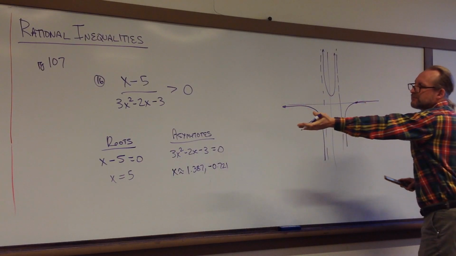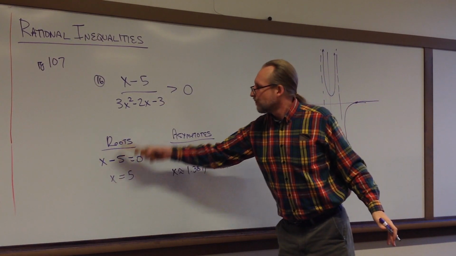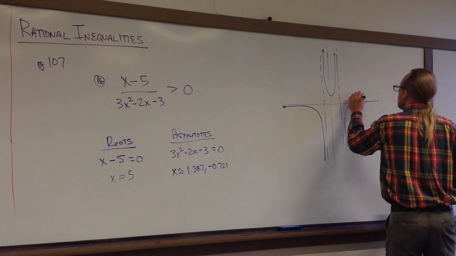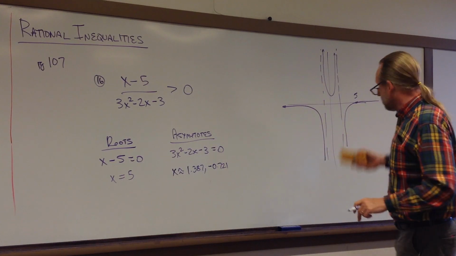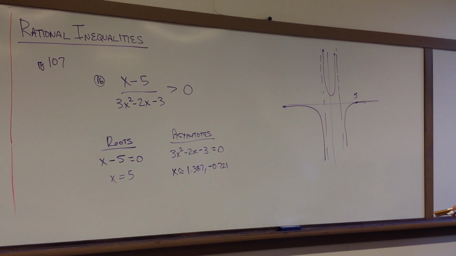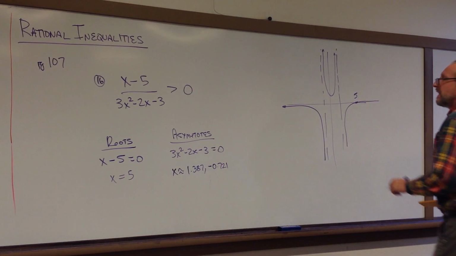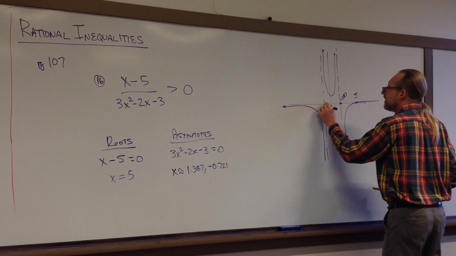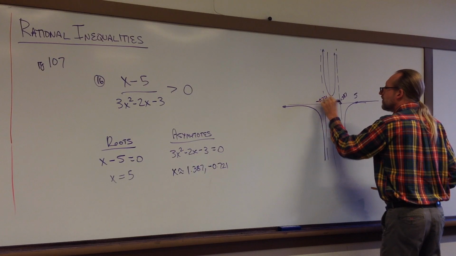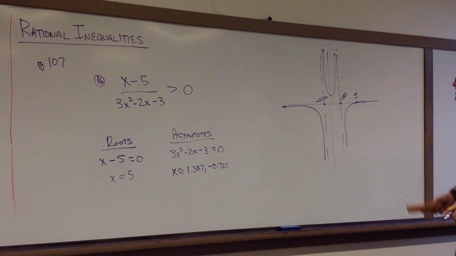But because we solved for what makes the numerator be 0, we know that there's a root at positive 5. And I'll show you, you can also look in the table and see that when x is 5, y is 0. And let's put these values in, 1.387, and this one, -0.721.